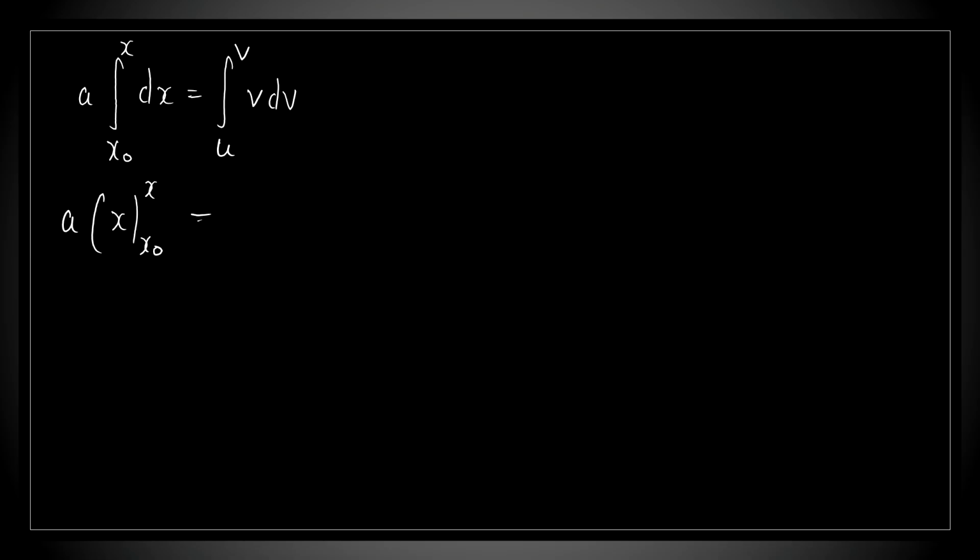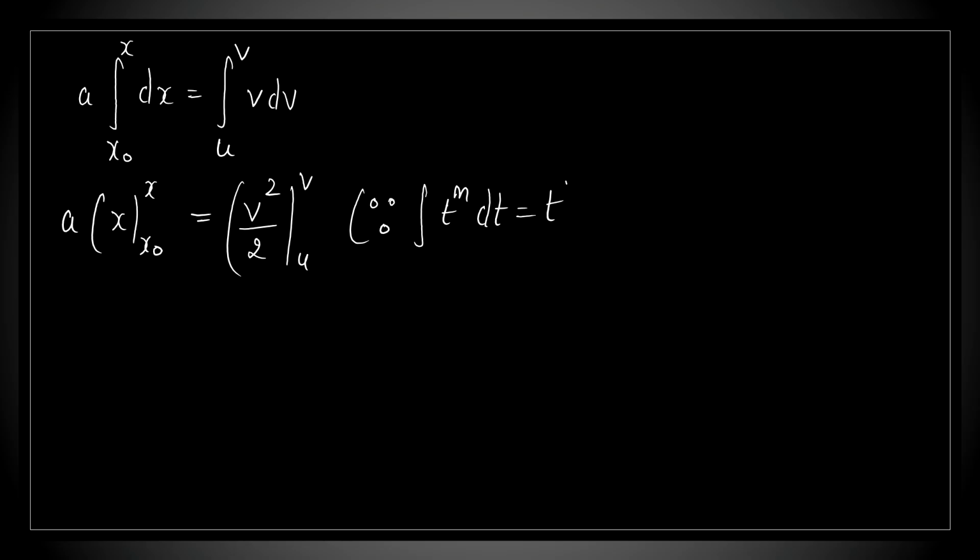Then integrating a dx is x, limit is x naught to x. Right hand side, then here is v square upon 2, limit is u to v, because here I am again using the formula: integration of t power n dt equal to t power n plus 1 upon n plus 1.